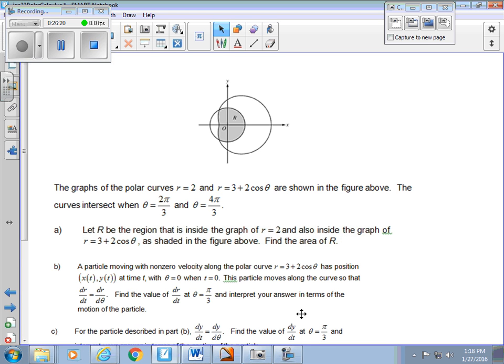So you can start working on AP 1, 2, 3. I have a due date for that. I'll tell you that tomorrow. I would have to look it up, but I do have that due date somewhere.